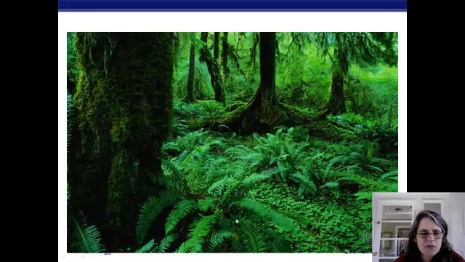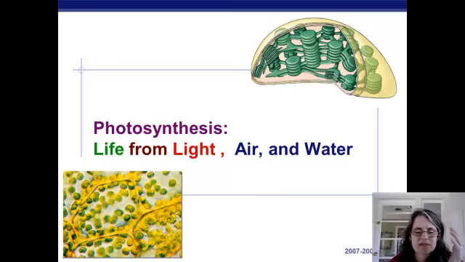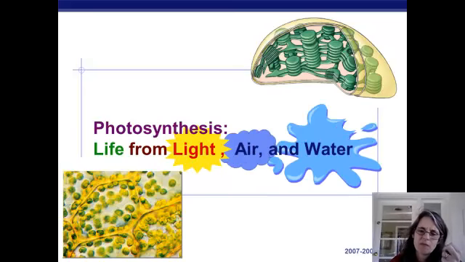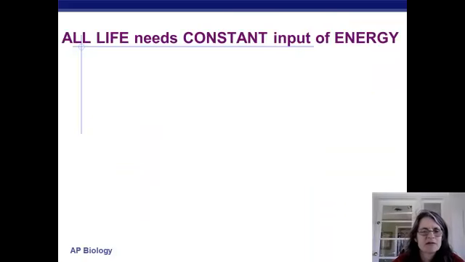But it's a beautiful, lush green environment, and what we're going to be learning about is how all that green works, how all those plants, how those autotrophs work to do some photosynthesis. It's an amazing thing, and without it, you and I would not be here. So, photosynthesis, making life from light, air, and water. It's not quite that simple, but if you break it down fundamentally, it's astonishingly close to that.